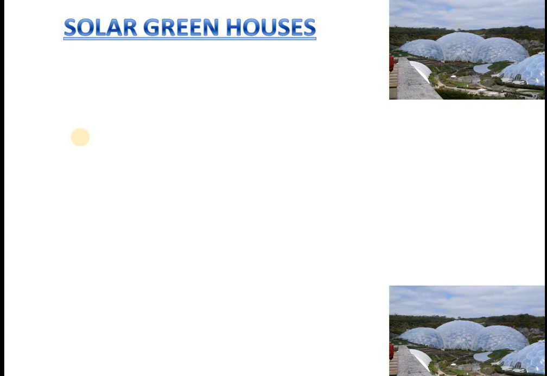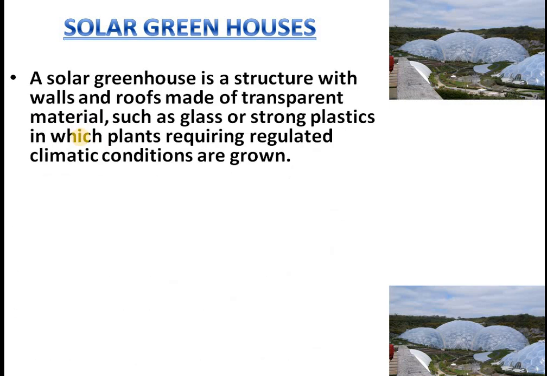Because in heavy winter, people can't grow vegetables, flowers, and food materials. For growing vegetables, we need ambient temperature. During heavy winter, temperature goes down to minus degrees Celsius. So this is made possible by using greenhouses.